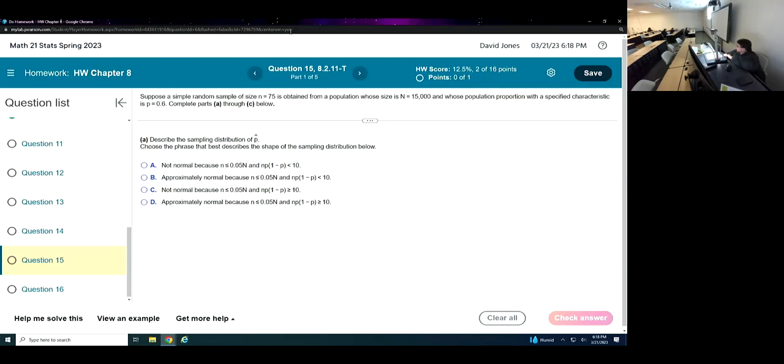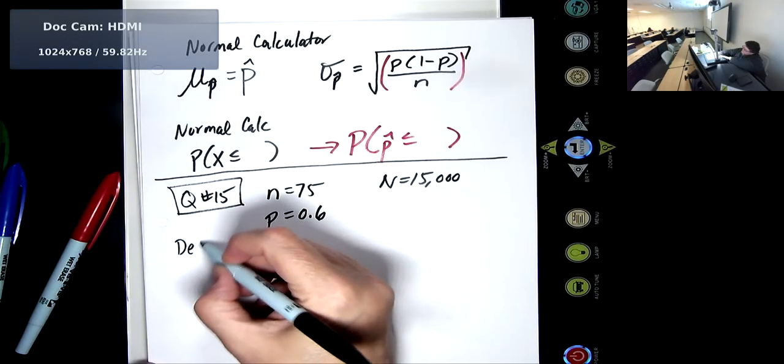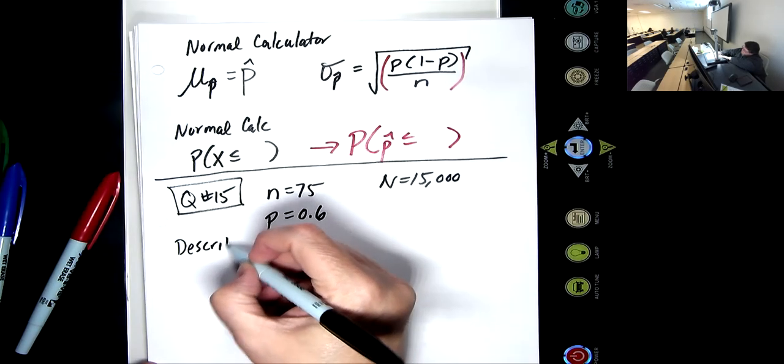So we don't know what it is unless it meets those things we had before. I'm going to put this back up on the document camera. The question is, describe the sampling distribution.